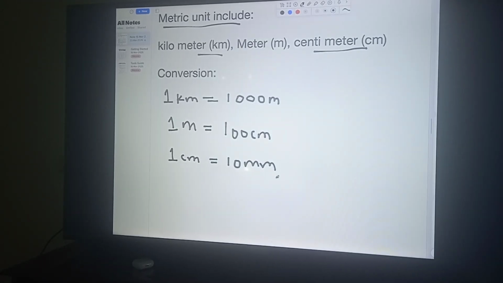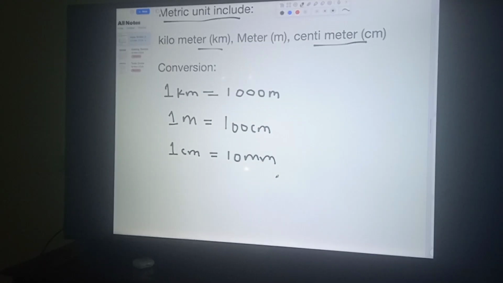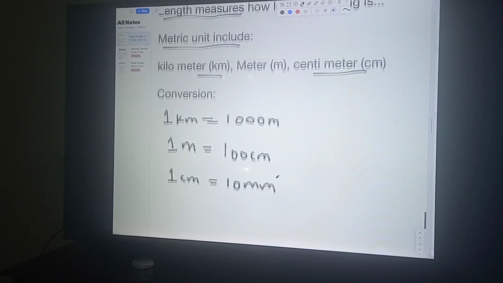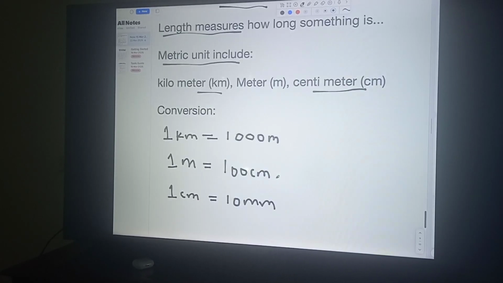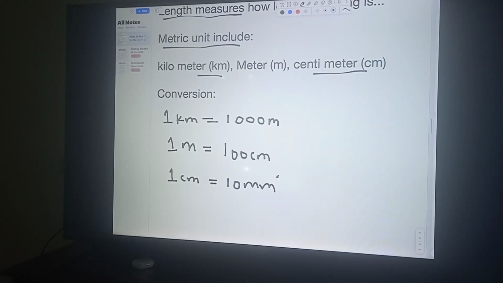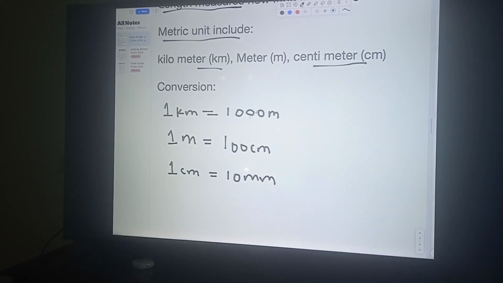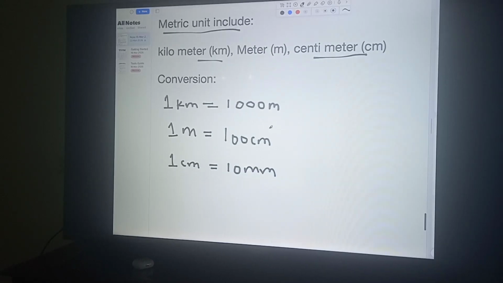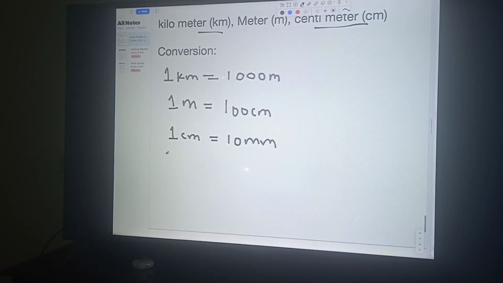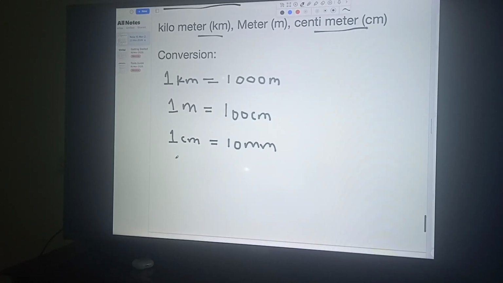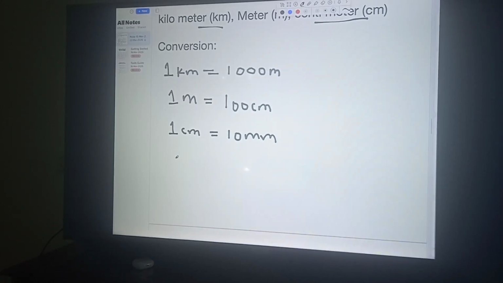This mm is for millimeters. As we have discussed earlier, the SI system uses a base 10 system, so you can increase or decrease by just adding or removing zeros. So this was all about length.